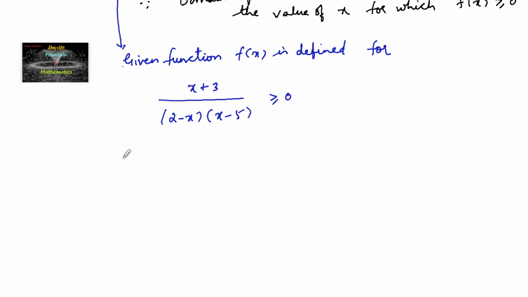So which implies we can write this also as (x plus 3) upon (x minus 2)(x minus 5), instead of 2 minus x I have taken x minus 2, so I have taken a minus and the inequality will change to less than or equals to 0. Now we have 3 linear factors, 1 in the numerator and 2 in the denominator.